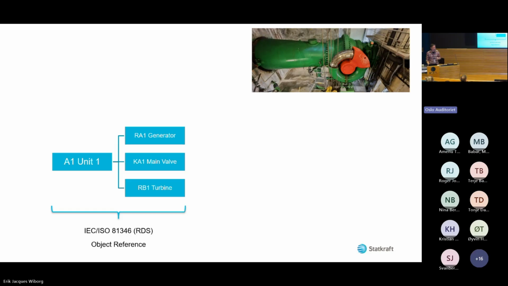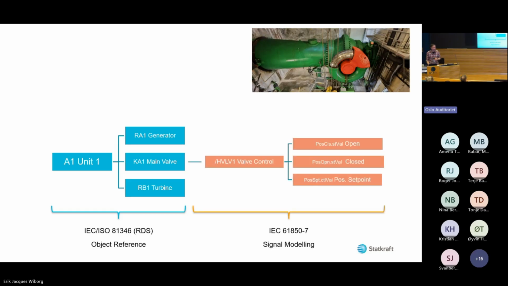So when the RDS points to your main valve, you will be able to attach signals to it. Here you'll use the functional aspect, of course, and then you will have a fully internationally standardized signal name for the open or closed position of your main valve.